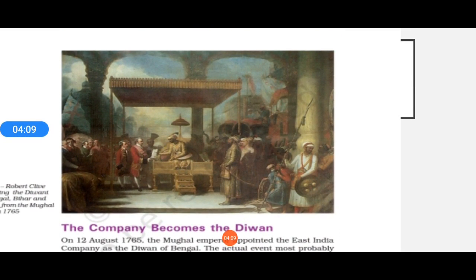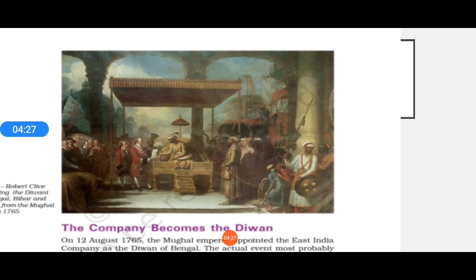In chapter number 2 we read that Robert Clive, from Madras, sent so many naval fleets, ships and army, through the water route to win over Plassey, that is, Nawab Sirajuddaulah.